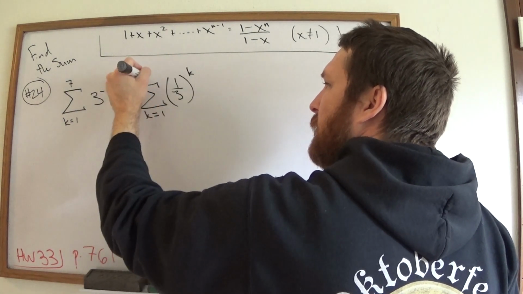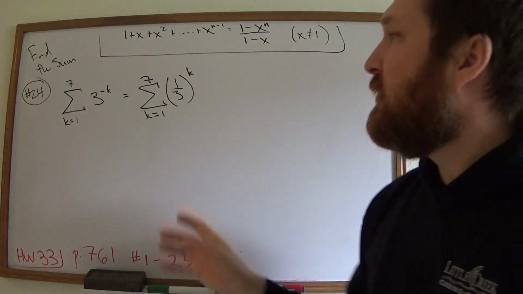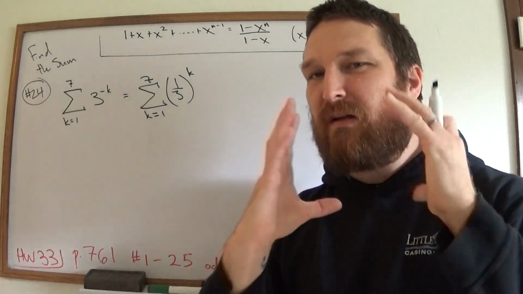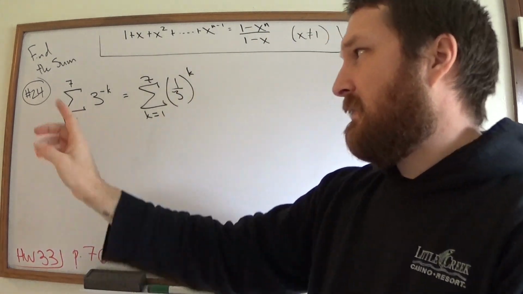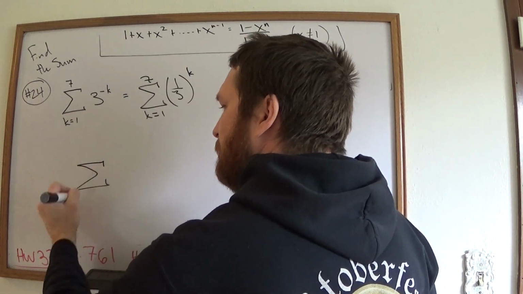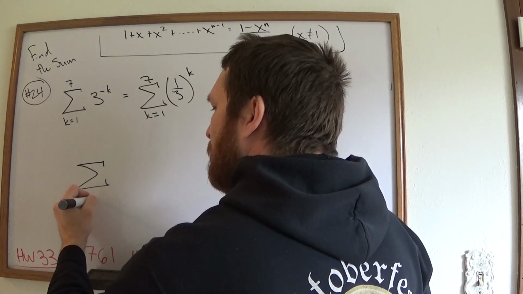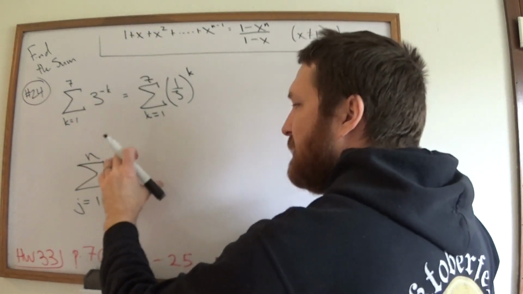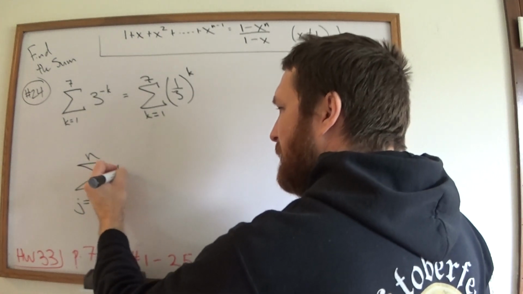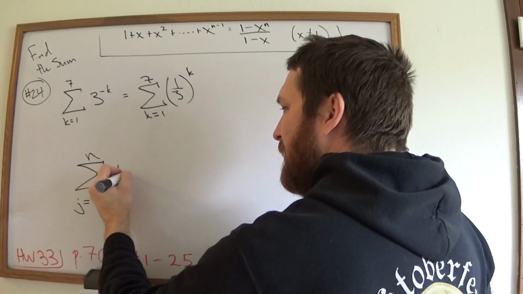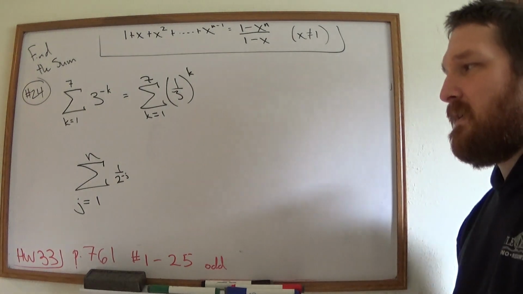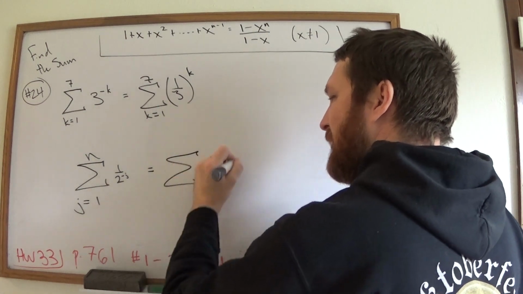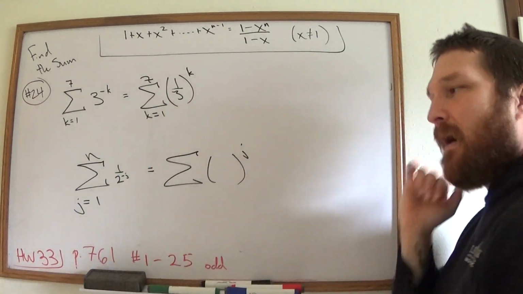I cannot tell you how useful it is that when you see a sum, you stop and ask yourself, can I rewrite that so that it's one number raised to the index? So, for instance, if I have j equals 1 up to some number n, and I have something similar like 1 over 2 to the negative j, I'm going to ask myself, can I rewrite this so that it's one number raised to the j power?